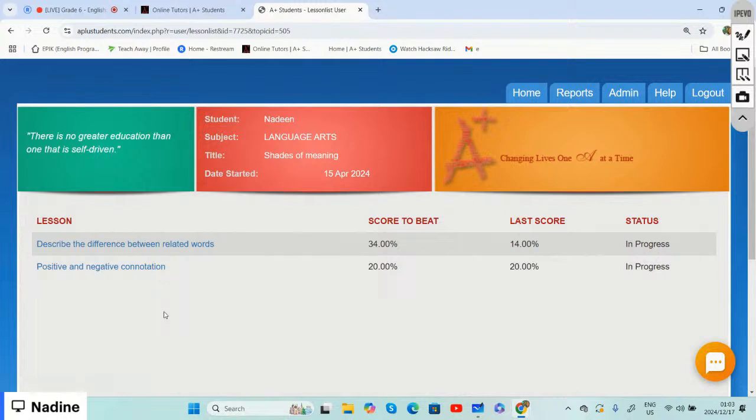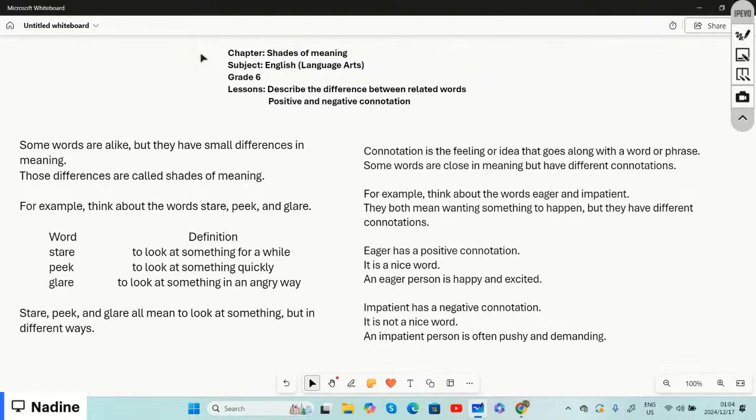All right. So when it comes to shades of meaning, we said our chapter is shades of meaning. Our subject is English Language Arts.